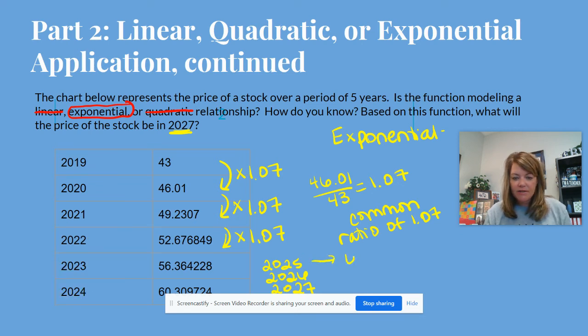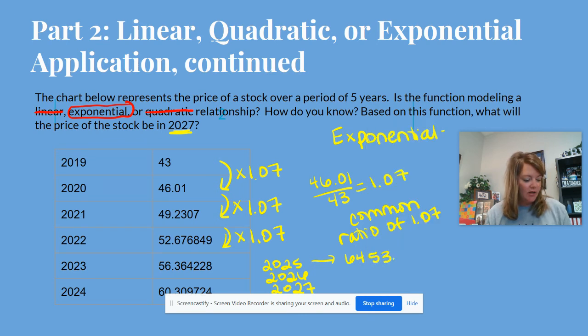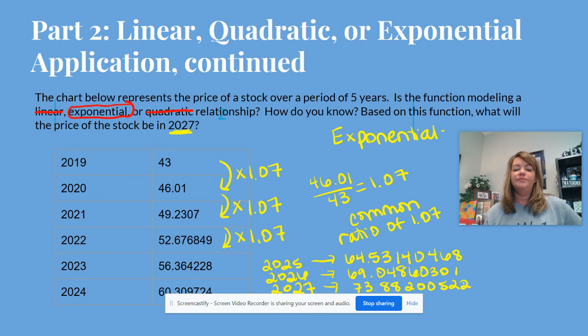Okay, so this one is 64.53140468. And I'm just going to do it again, times 1.07. 69.04860301 times 1.07, and that's where I get to 73.88200522.